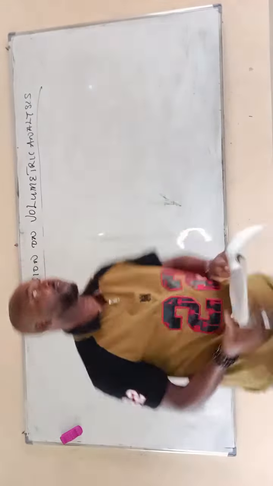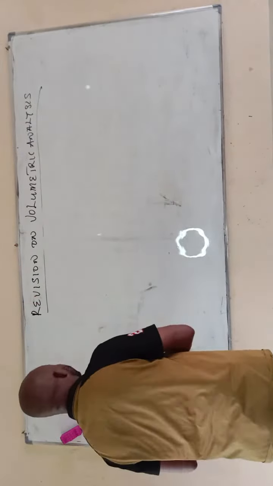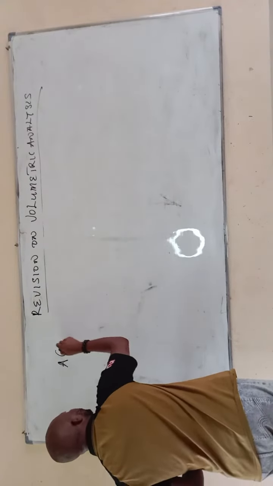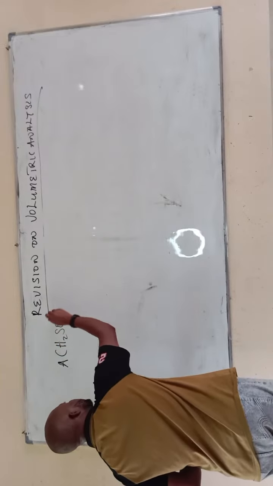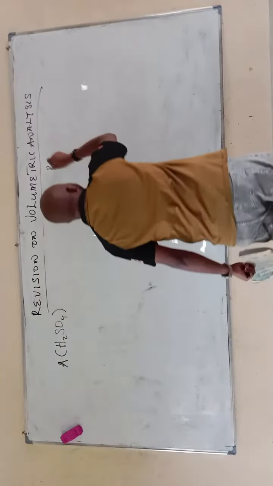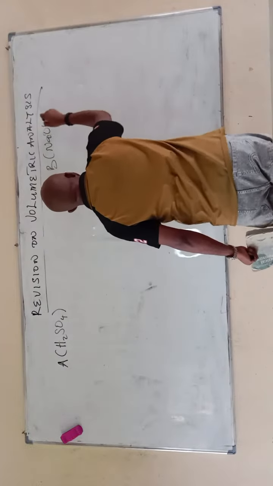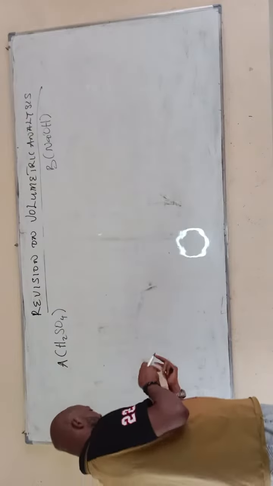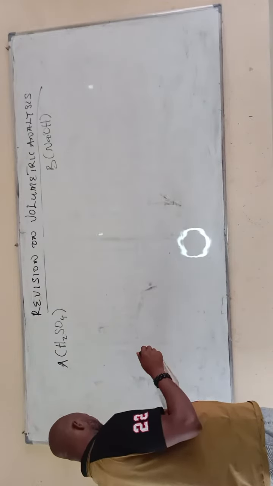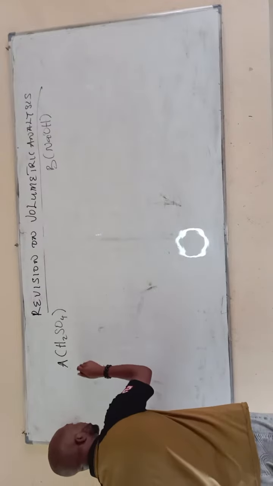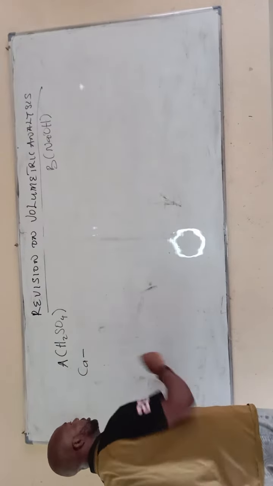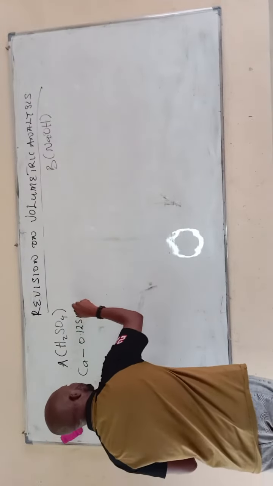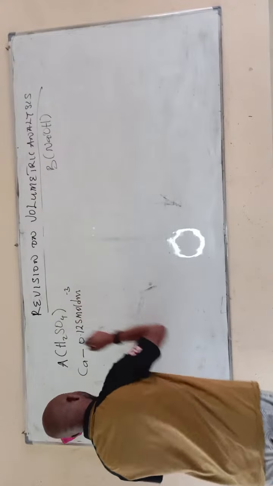So let me write out the given. Let's call this A, H2SO4, and my B is the sodium hydroxide. A is 0.125 mole per dm cube. Mole per dm cube is the concentration of the acid, that's the unit for molar concentration.